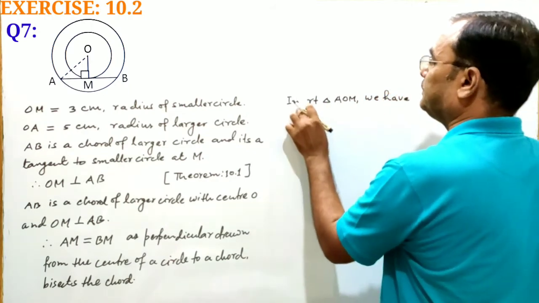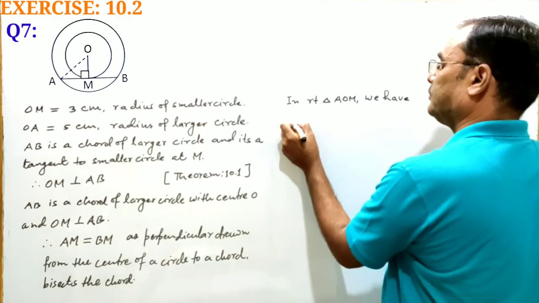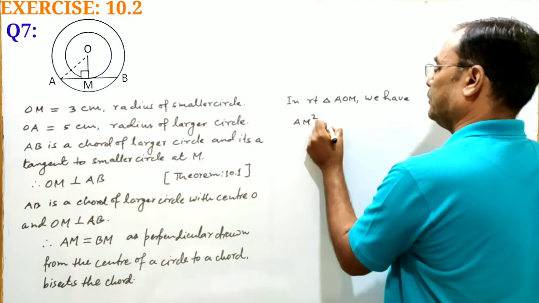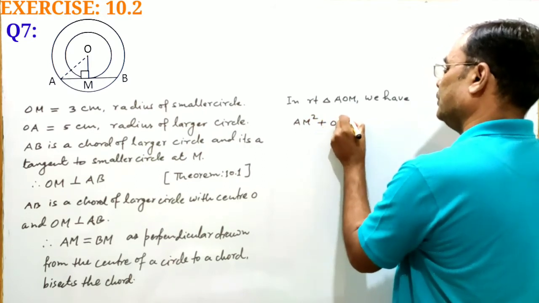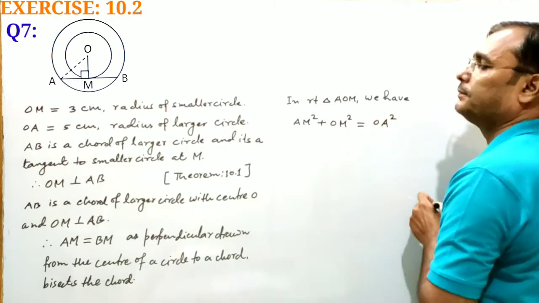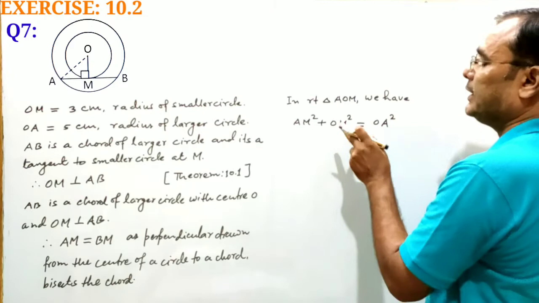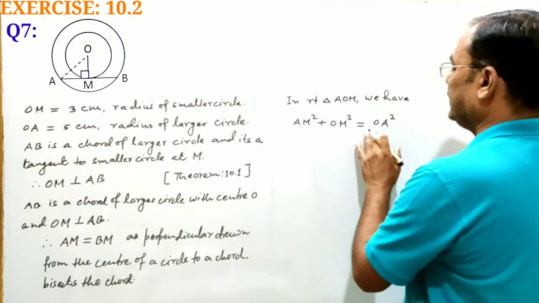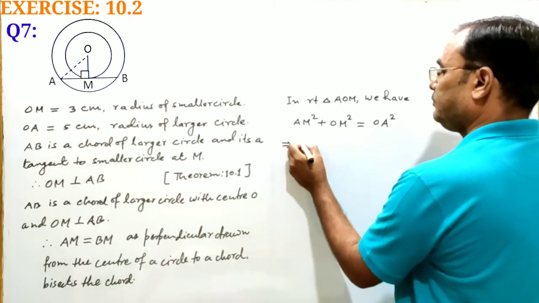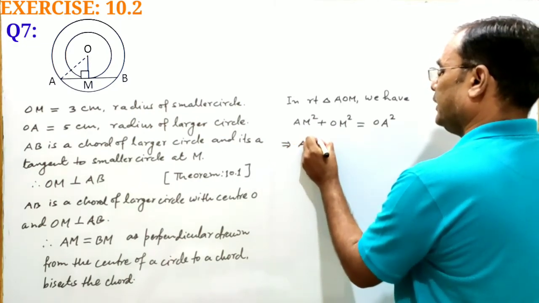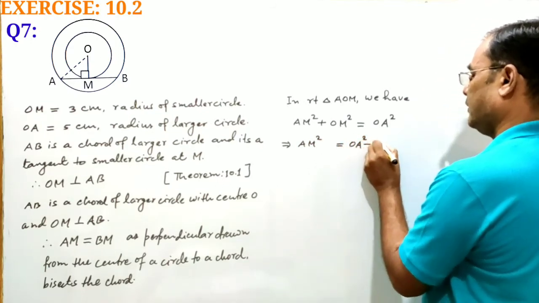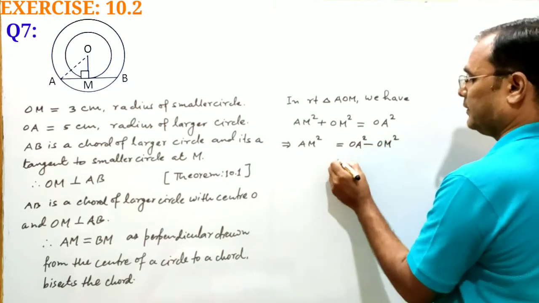we have AM square plus OM square equal to OA square. OM is the radius of the smaller circle, OA is the radius of the larger circle. So this implies AM square equal to OA square minus OM square.